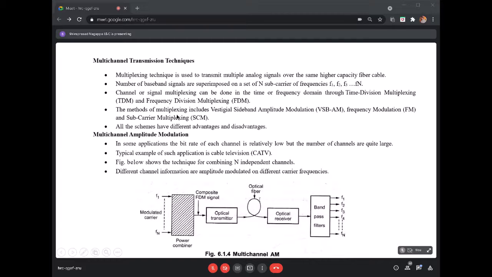A few methods of multiplexing include vestigial sideband amplitude modulation, frequency modulation, and subcarrier multiplexing. I think you have heard about these concepts. They have been studied in your analog communication and digital communication.